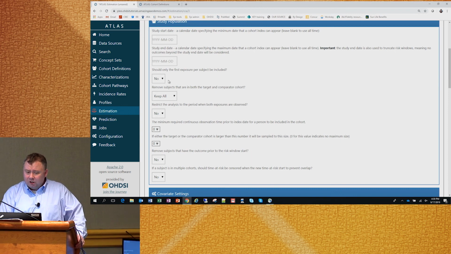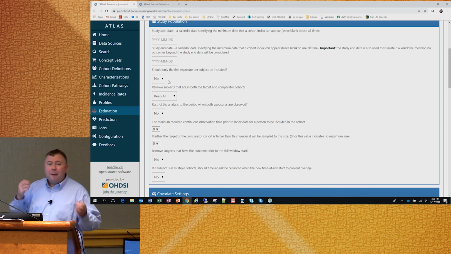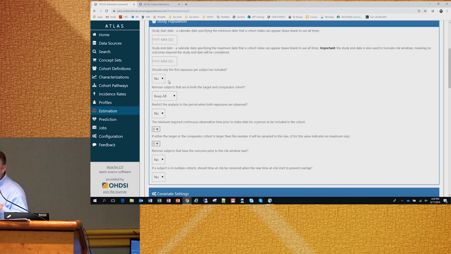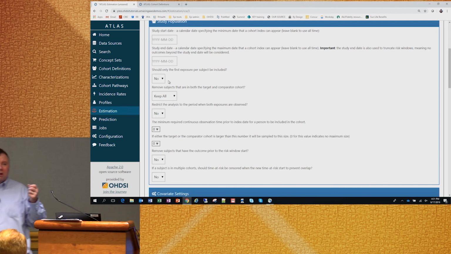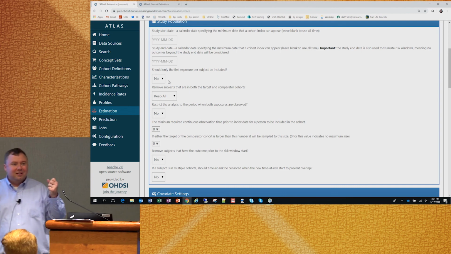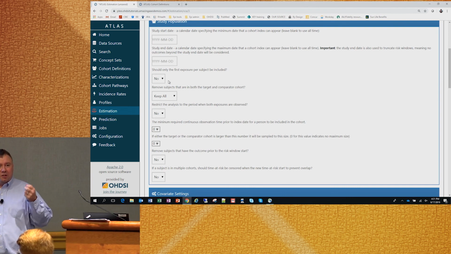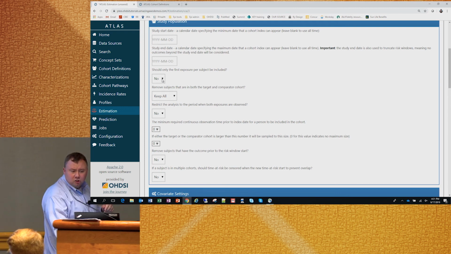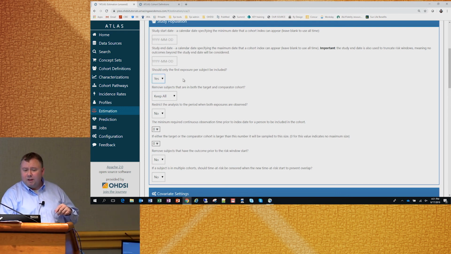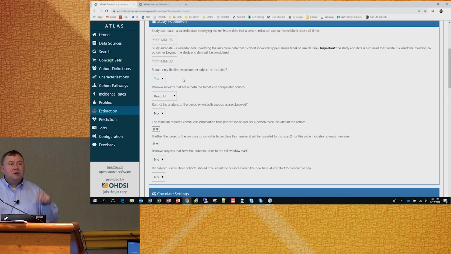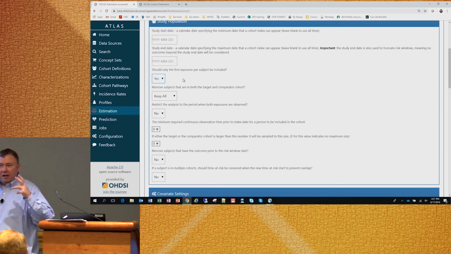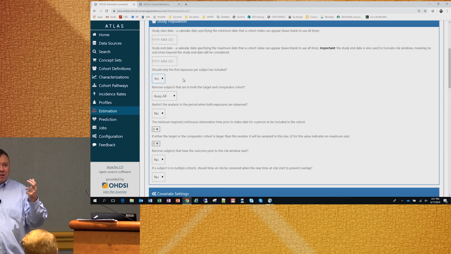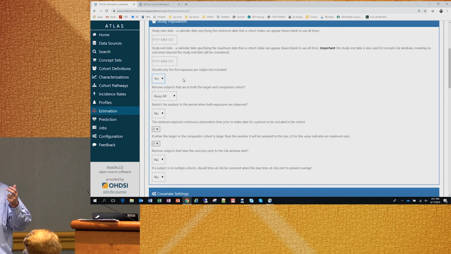Now, the next question that we get asked is, should only the first exposure per subject be included? Now, it happens to be, in our case, that our target and comparator cohort are already new users. So we are already limited to first exposure. But the reason that the tool is asking us, should we limit this, yes or no, is because the estimation tool doesn't know how you define your cohorts.